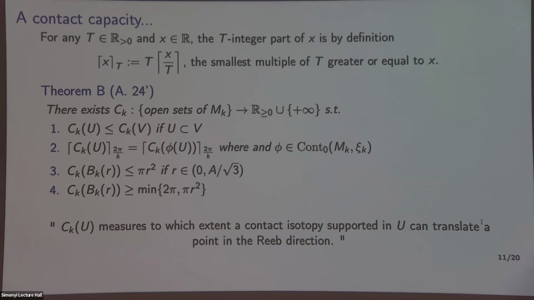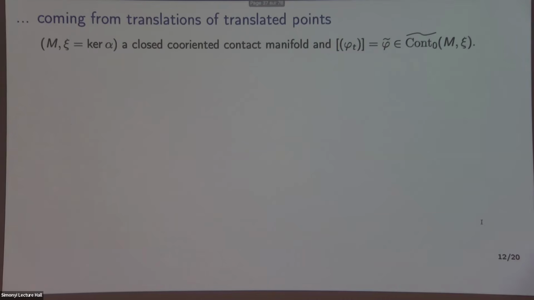But this number won't depend on the whole contact isotopy, only on its homotopy class. If I have another contact isotopy homotopic to the first one relative to endpoints, it will give the same number. So I work in the space of contact isotopies up to homotopy relative to endpoints, which is exactly what I denote by the universal cover of Cont tilde.